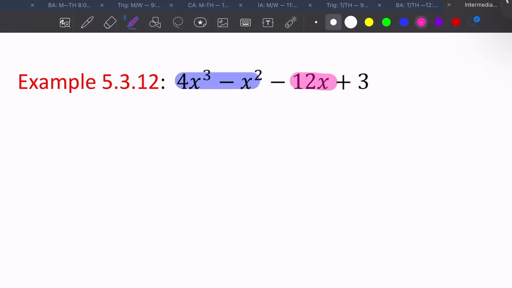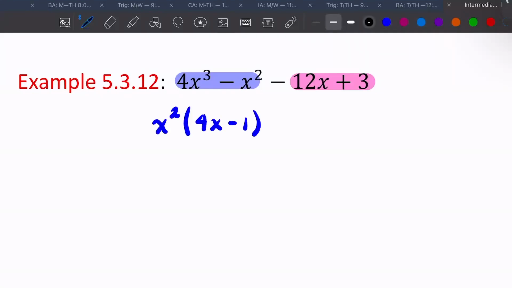Blue, pink, first 2, last 2. Greatest common factor of the blue. X squared. So this time we can take out x squared and we're left with 4x minus 1. Bring down that negative sign.